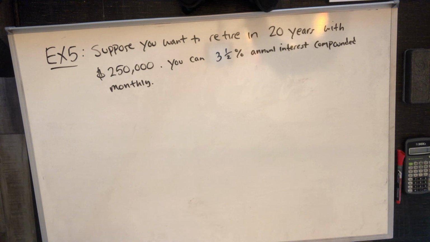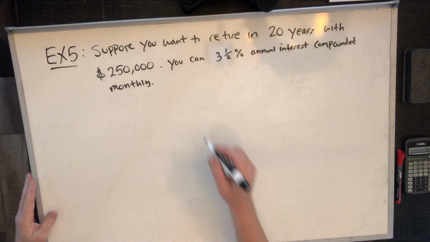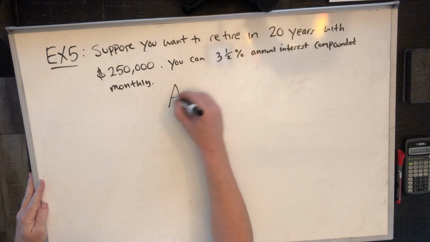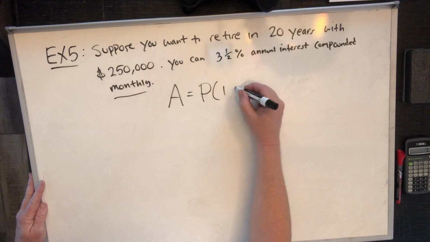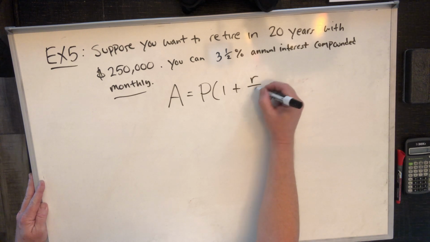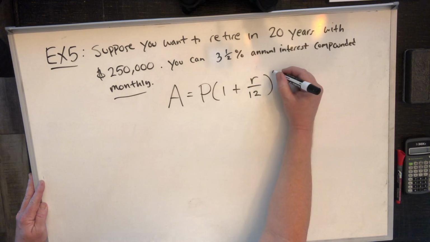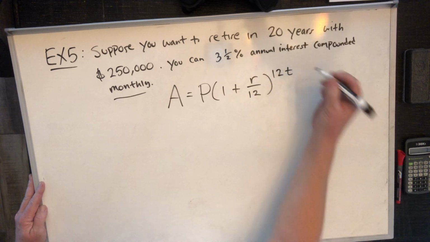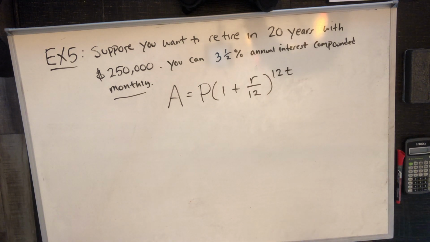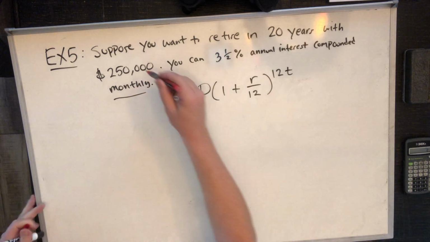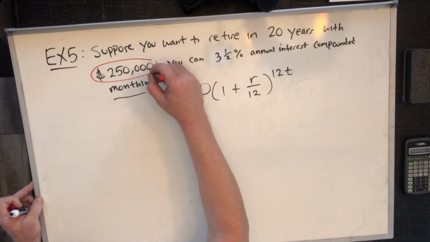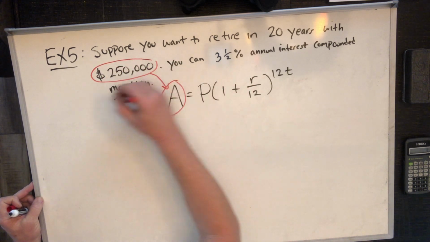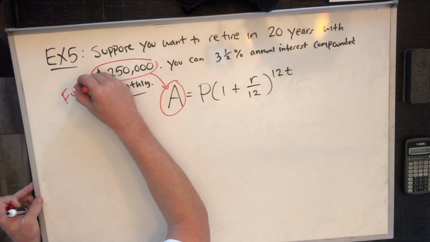So let's go ahead and do that. So let's set up our formula. We got A equals P. We're using compounded monthly, so 1 plus r over 12 to the 12t. Remember, this is how much we want to invest now, so we want A, that's our future value.